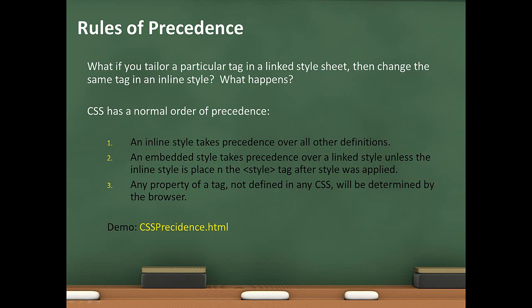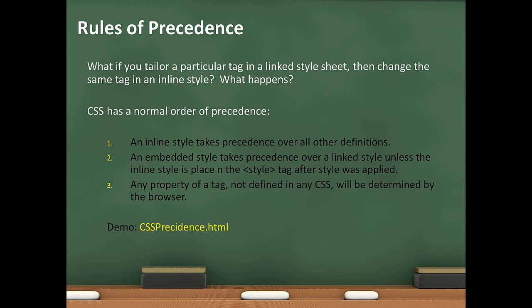The normal order of precedence says that the inline style, the style that you put right at that spot, takes precedence over all other definitions. Then after that, an embedded style sheet will take precedence over an external style sheet. And the last precedence, obviously, is that external style sheet. Now it's important to understand the concept of inheritance.